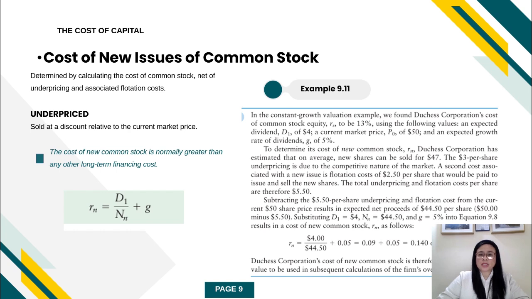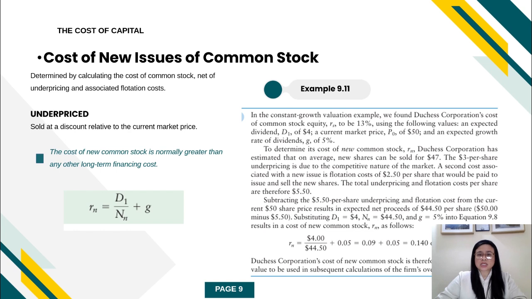The Duchess Corporation plans to issue new shares, and here's the scenario. The market price is $50, but new shares are sold for $47. So it's like down by $3. The flotation costs are $2.50 per share.